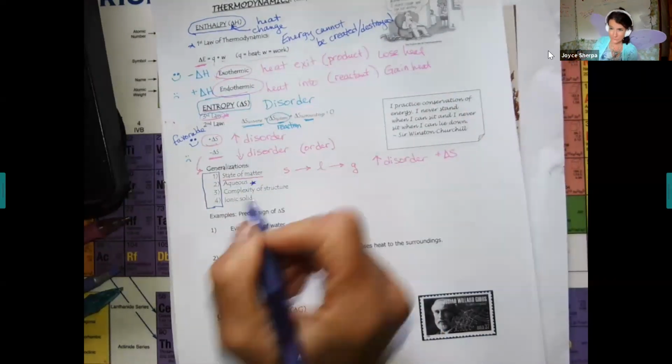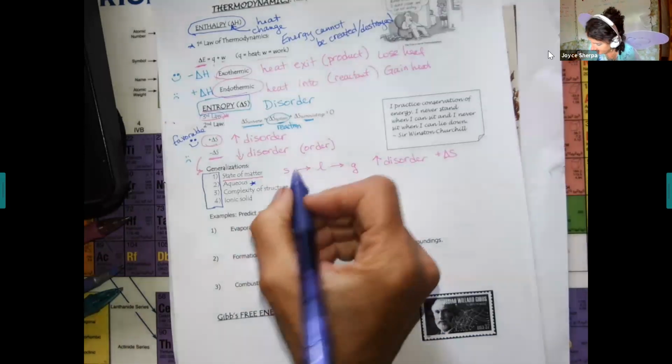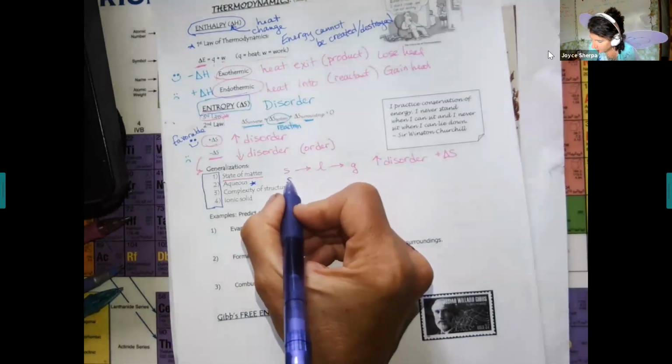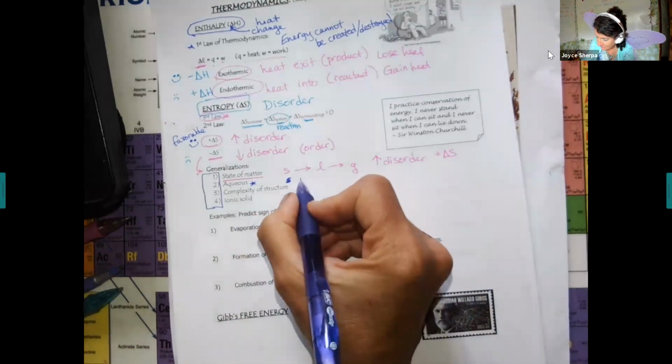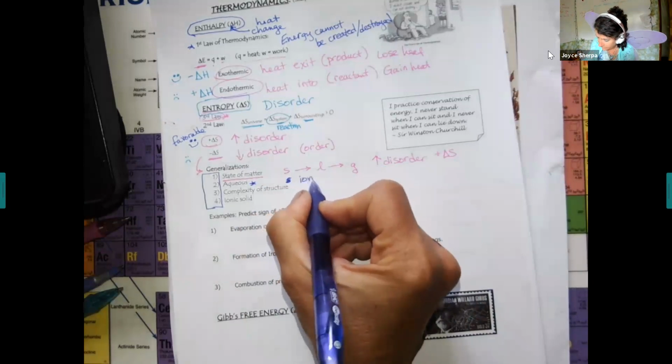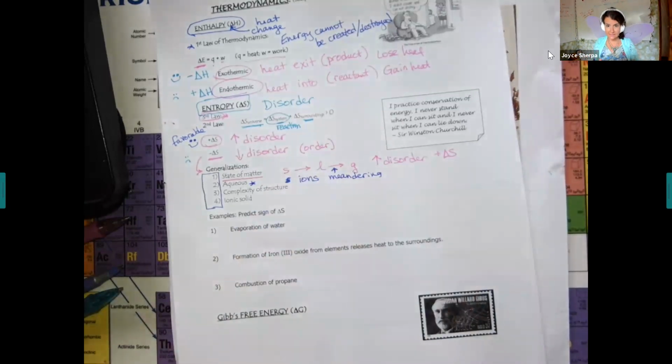All right, aqueous is the one that's fascinating. So this is usually going to be something like a precipitate, right? A solid to aqueous. I would think aqueous, because it's ions meandering, that it would make something have a pretty high disorder, like maybe more than a liquid. So the term liquid means you have a pure substance. Solid, liquid, gas is implying you have a pure substance.